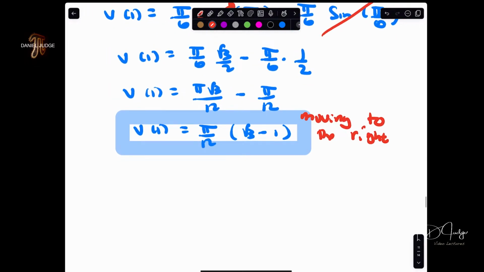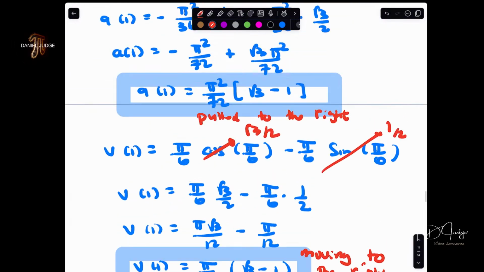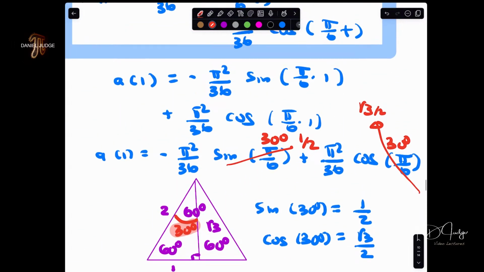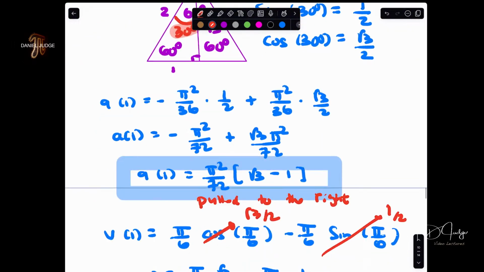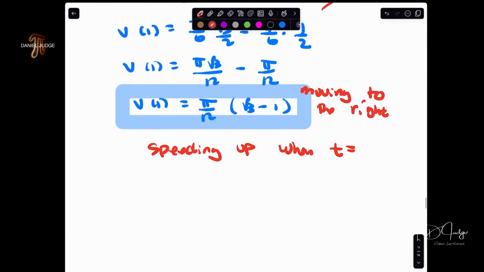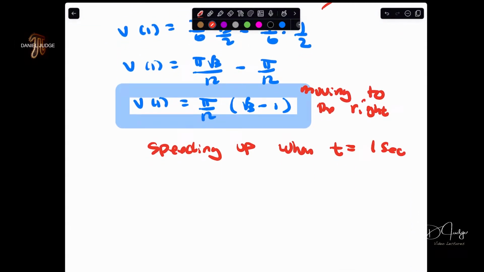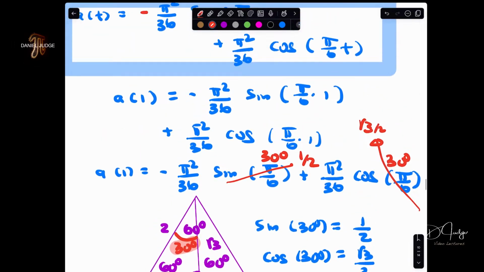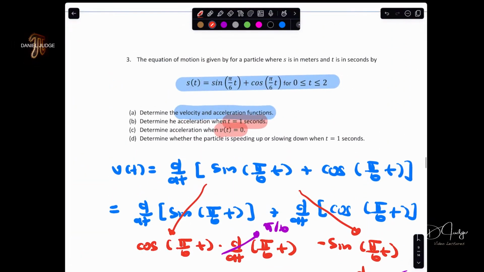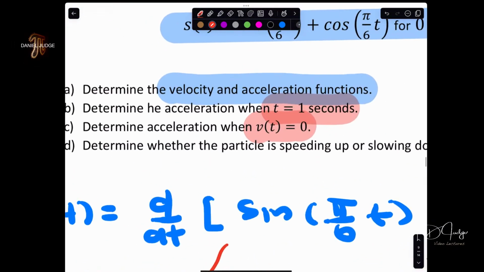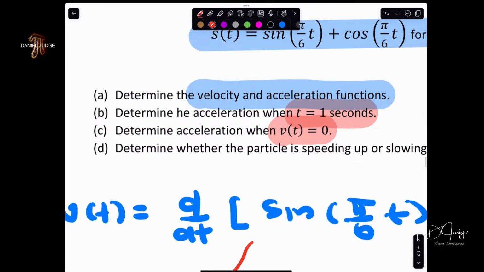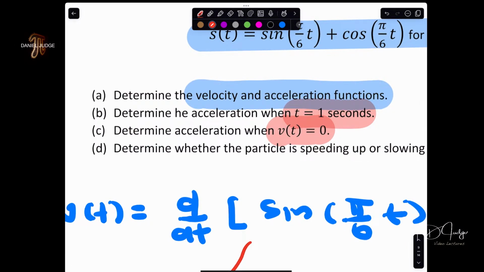So therefore, the particle is speeding up when t is, what was t again? 1 second. That's right. Okay. Good news. All right. Now, so we answered that question. We answered D before we did C. So if I had to fix some typos, I'd switch those.